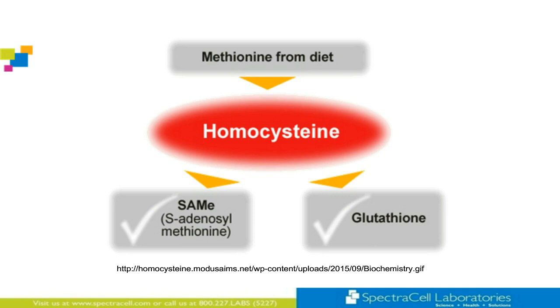We're going to be talking more about both of these tonight and their important roles in the body for adequate metabolism and detoxification, again coming back to their role with homocysteine.